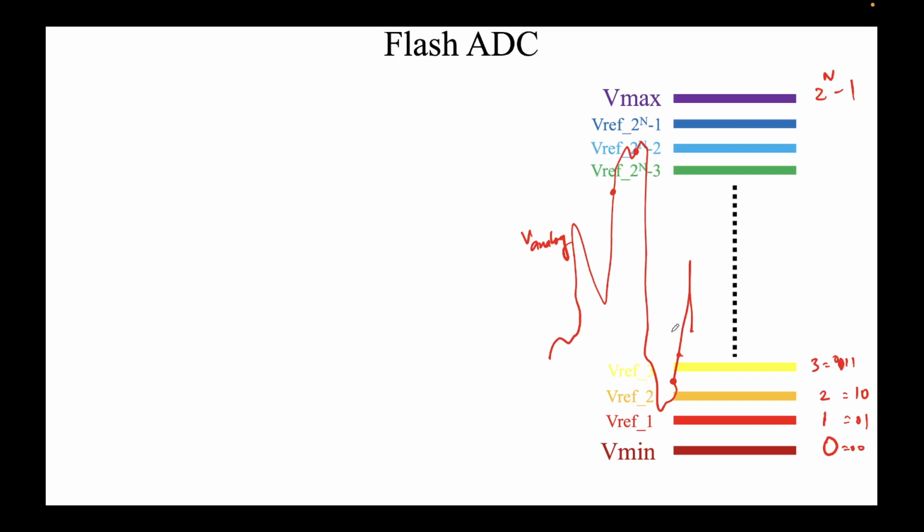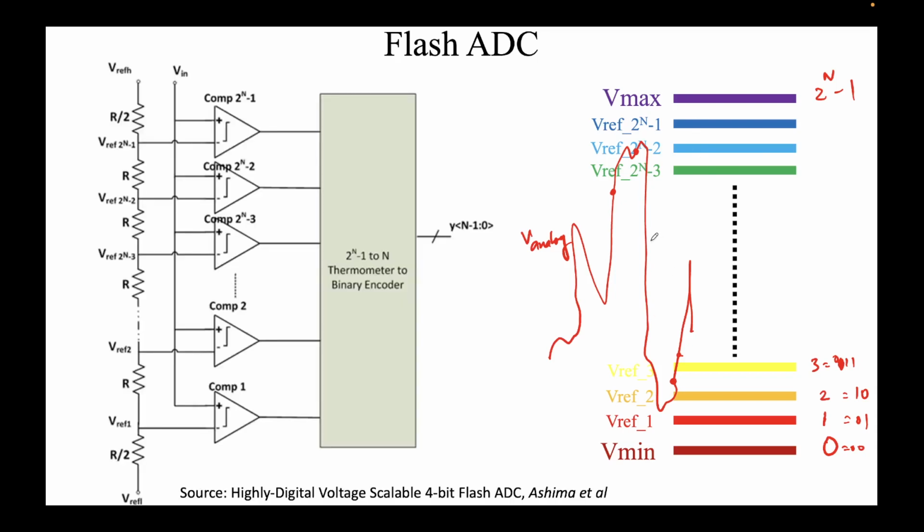So for every sample of the analog value, we compare to some reference voltages and accordingly assign a digital value to that. But first we need to create all these reference values, and the way to create them is to use the ladder network. On the left of your screen you can see the ladder network, extreme left. There is some reference which is usually 0 volts, and a high which is 1 volt.